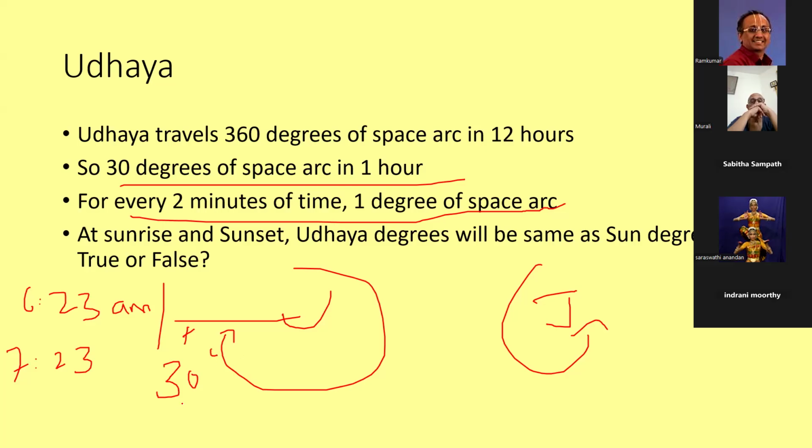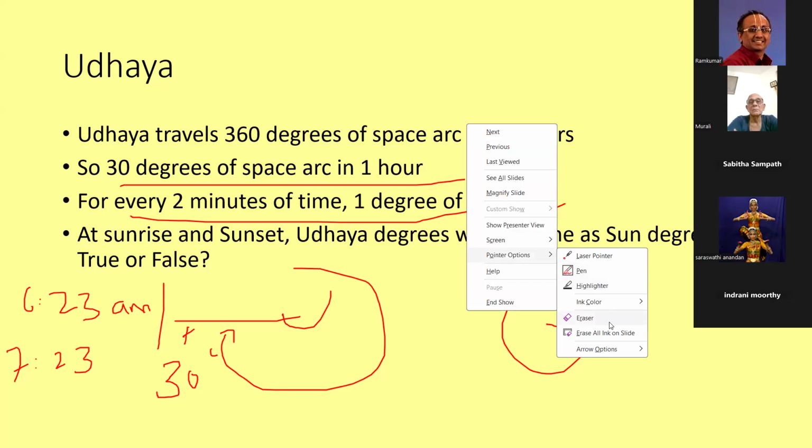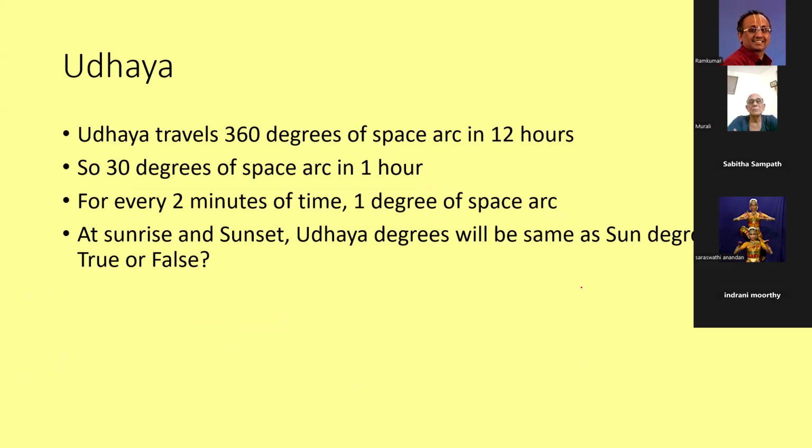And so on. At sunset, it will come back to the same degree as Sun. True or false? You have to answer. True or false? So it will be true, right? Go ahead and see it.